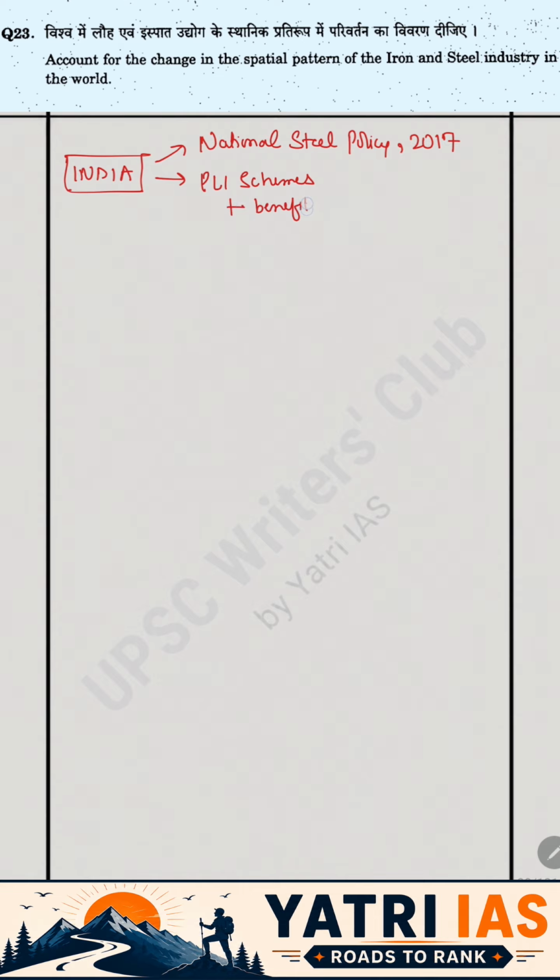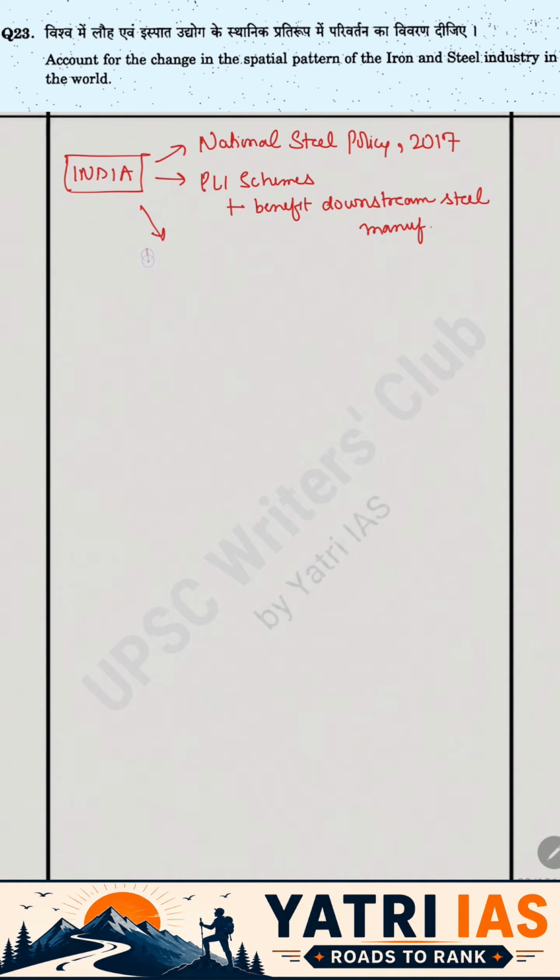Now let's see what India is doing as far as this question is concerned. We have a proper national steel policy as well that safeguards our national interest and industries. We also have PLI schemes which benefit downstream steel manufacturing.